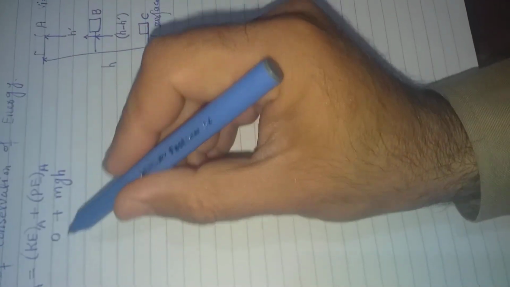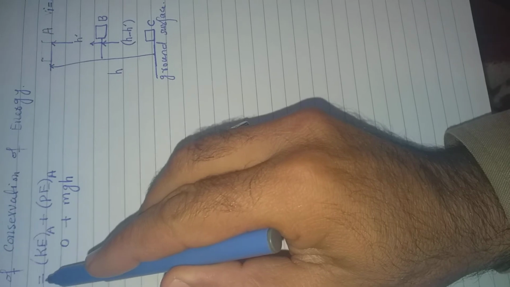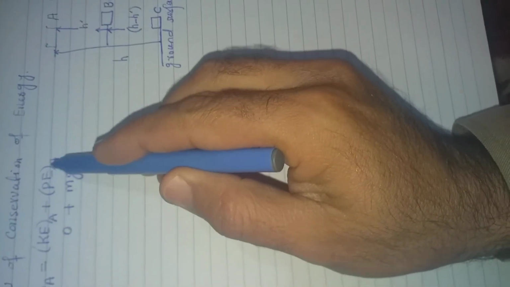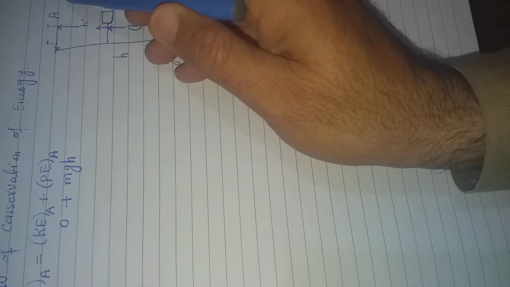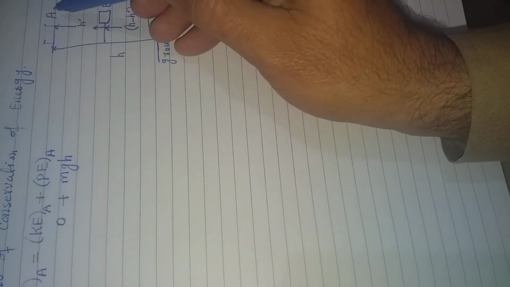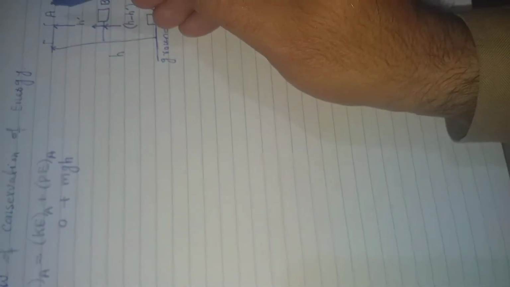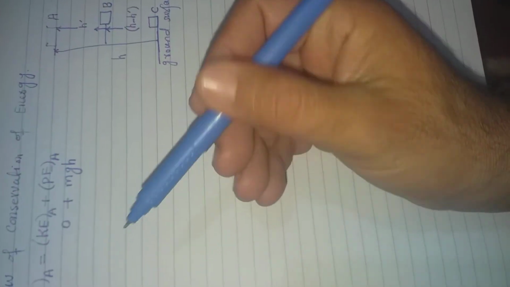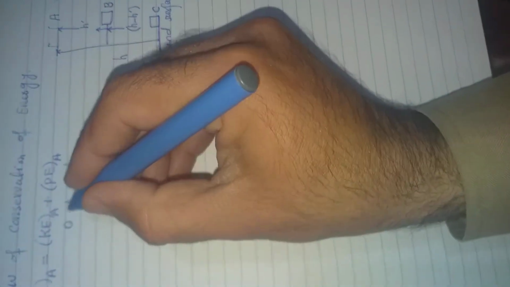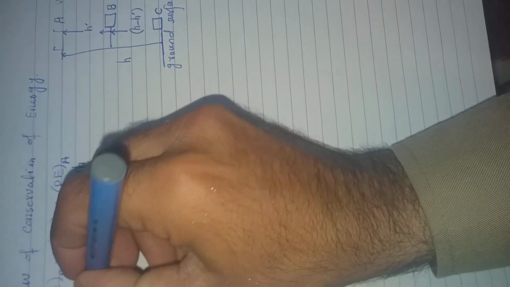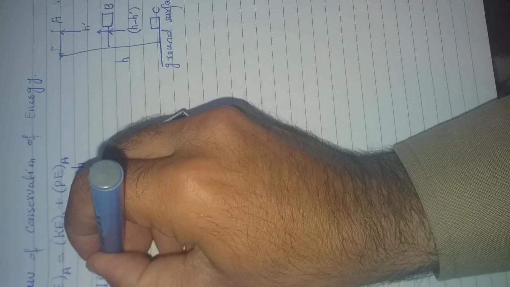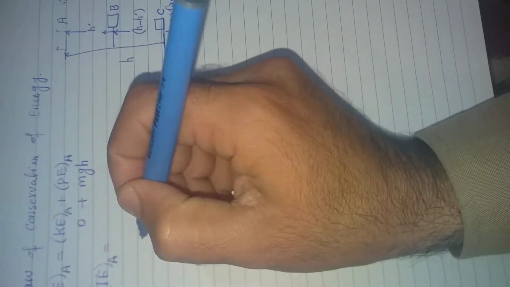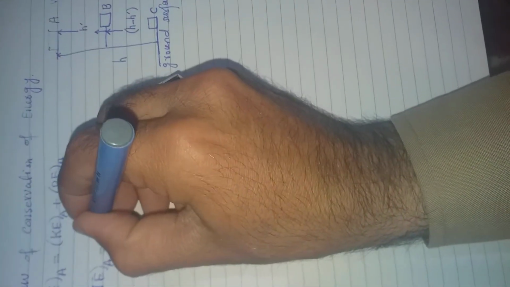So the total energy at point A will be equal to kinetic energy plus potential energy, I mean the sum of these two energies. But as we know that there is no motion at point A, the kinetic energy of the object is 0 because of initial velocity 0. Now this was the total energy of the object, so we can write the total energy at point A will be mgh.